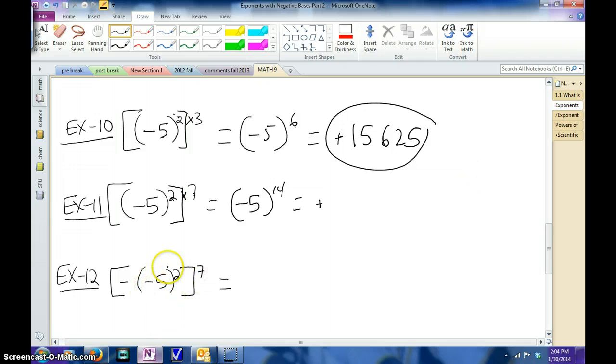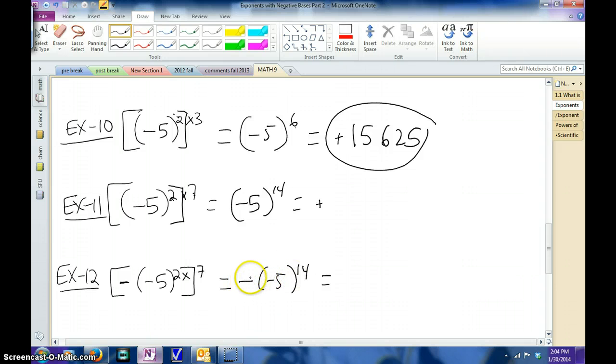Now this. Is this positive or negative? What do you think? What's different between these two? Well, there's that negative sign outside, which always accompanies it. It goes here, and then 2 to the power 7, which is this. Now, yes, that 14, an even number, will give us a positive answer.